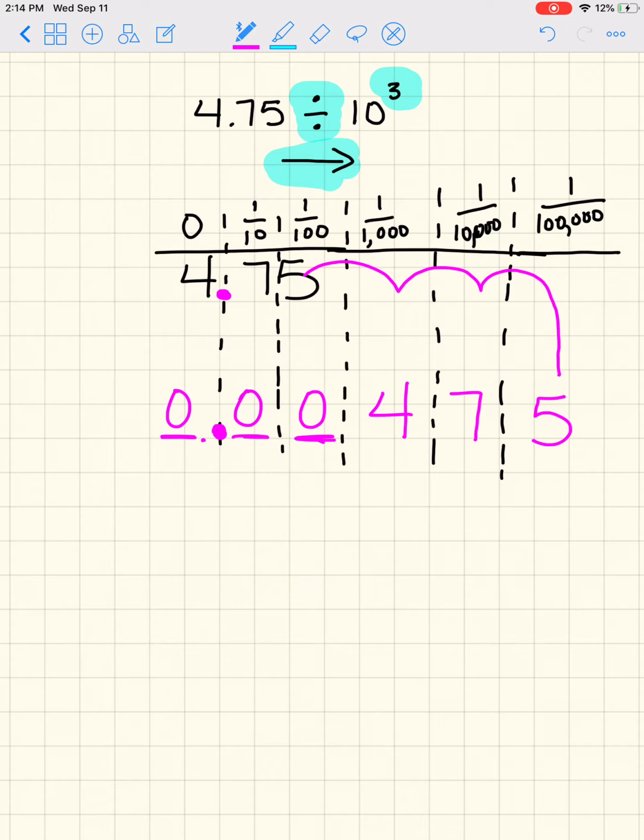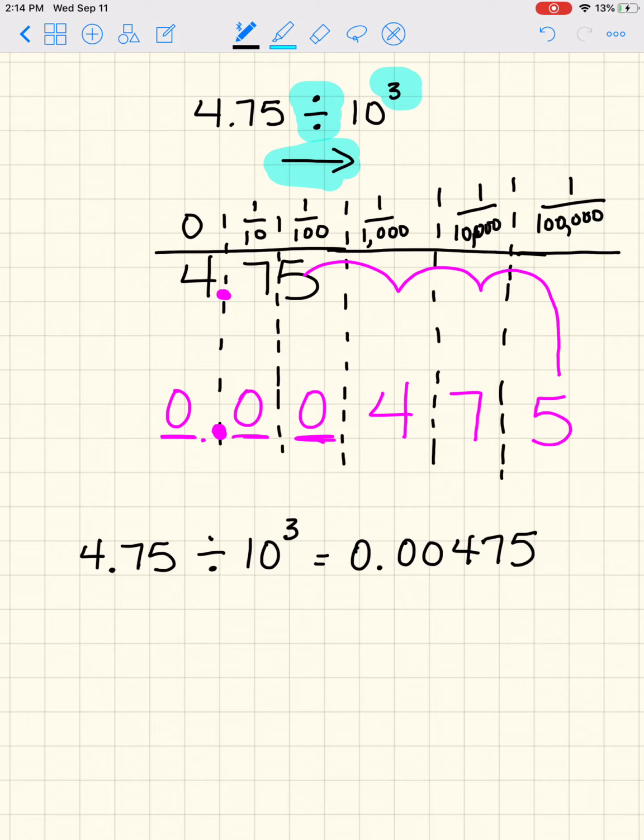When I go to rewrite my equation, I will have 4 and 75/100ths divided by 10 to the 3rd power, and that equals 0.00475. So 475/100,000ths.